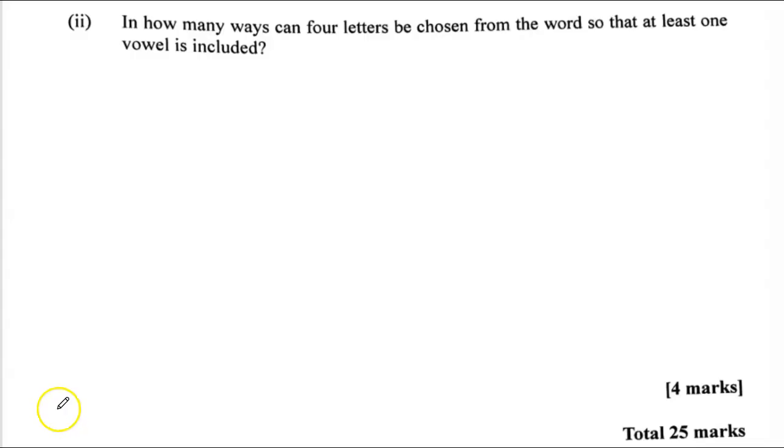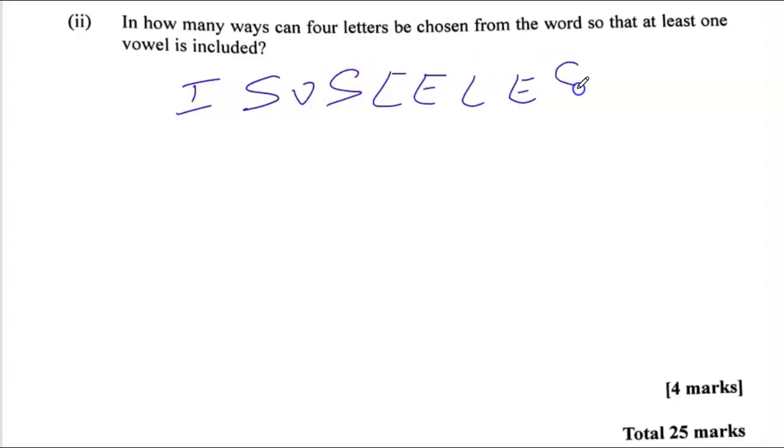Now again, we can do the exact same approach. So I'm going to rewrite the word again. It's isosceles, and again, it was 9 elements.